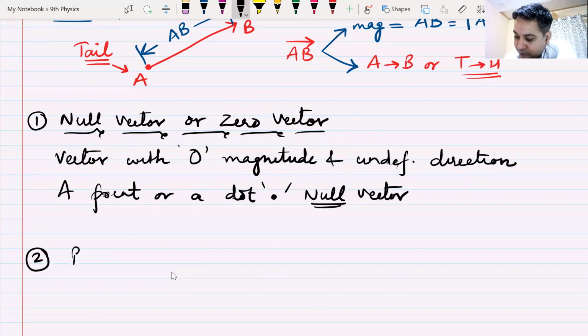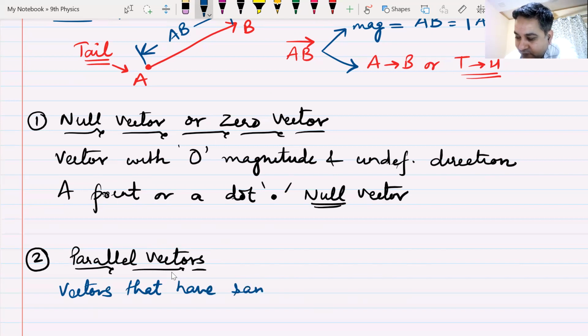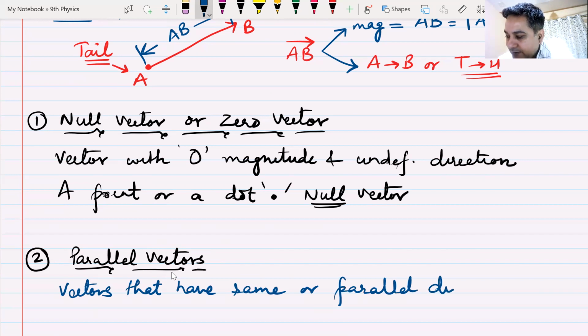Second, parallel vectors. What will be parallel vectors? Physics is simple. To understand the meaning of the term, you will be able to find out what that term means. Parallel vectors. What will be a parallel vector? They have same or parallel direction.